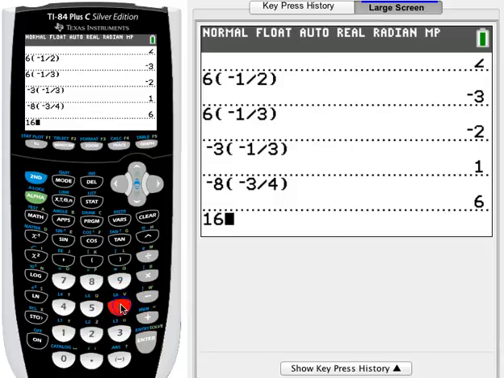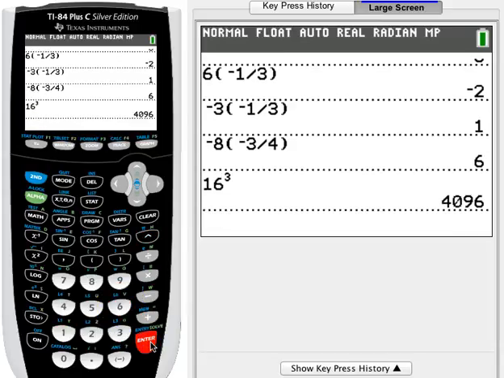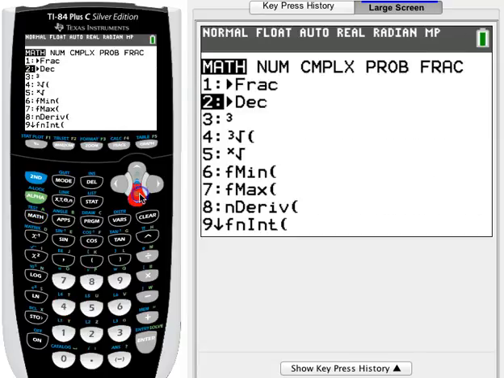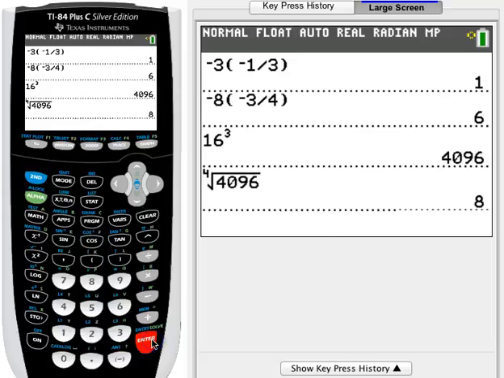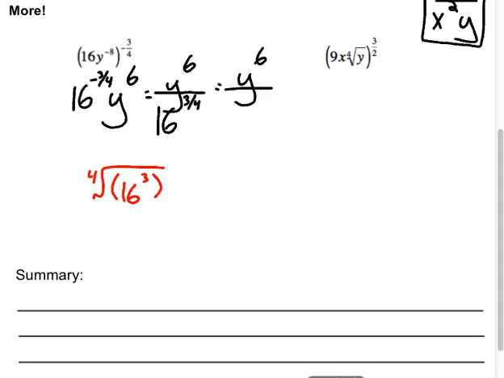Well, 16 to the 3rd power is going to be that. And now the 4th root. So remember, the 4th root is that generic root right there. 4096. And that's actually just going to give us the number 8. All right, so here that is just going to reduce down to this.